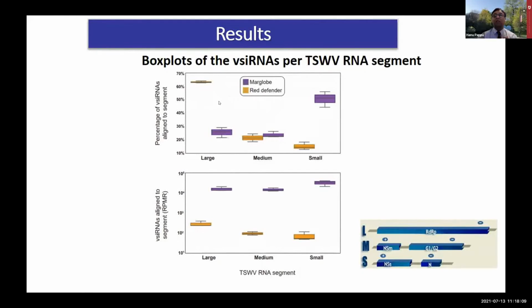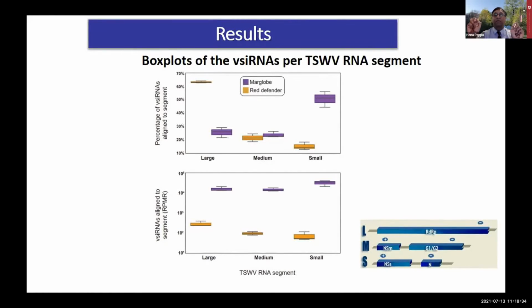Most of the small RNAs that we detected in a resistant variety originated from the large RNA of the virus. Whereas in a susceptible variety, most of the degraded small RNAs of the virus came from the small RNA of the genome. So again, there's a very distinct difference in which viral RNA is targeted in a resistant variety versus a susceptible variety.